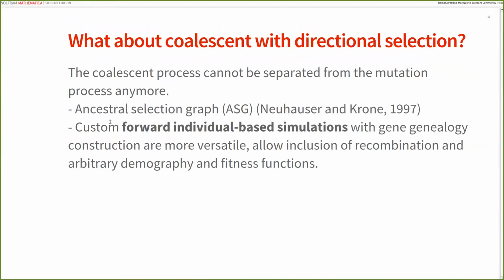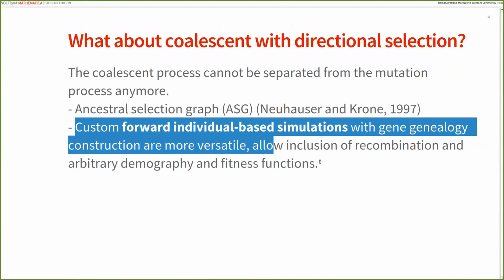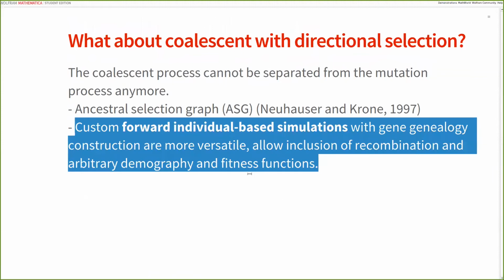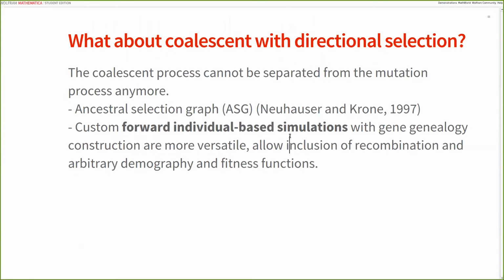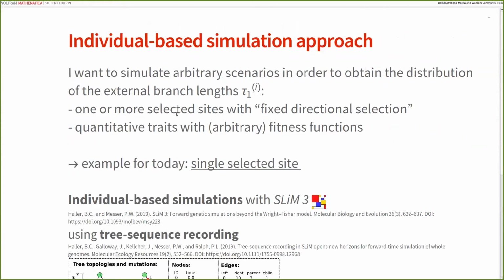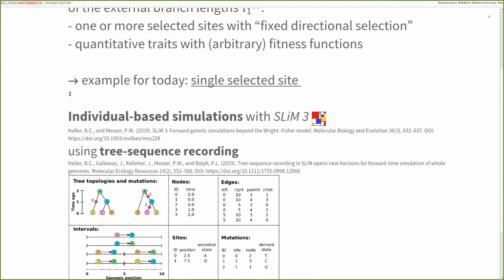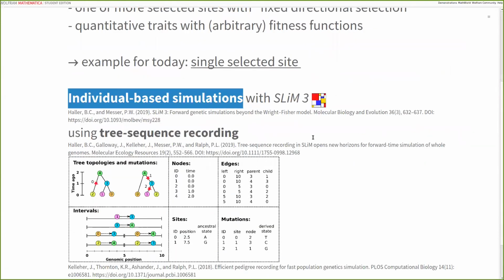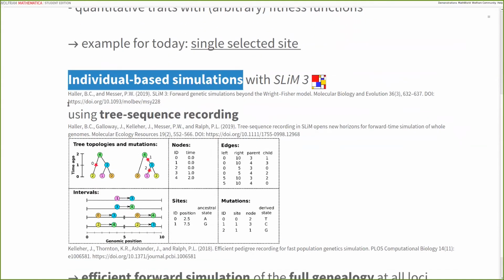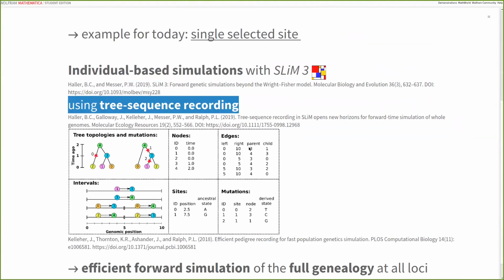Okay. So now we learned that we can simulate directional selection using forward individual-based simulations and extract the genealogy. And this may, of course, include recombination, as I've introduced. So the approach I use to study that is that I conduct individual-based simulations with SLiM, and I use the so-called methodology of tree sequence recording.